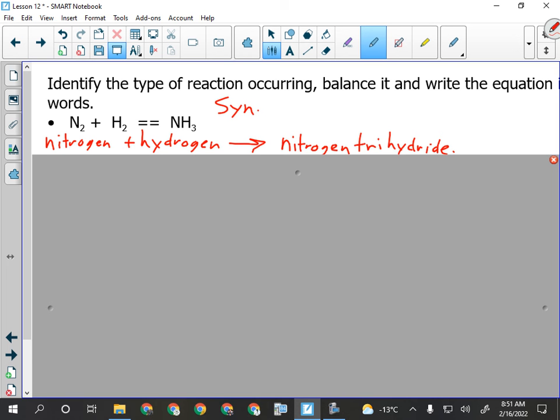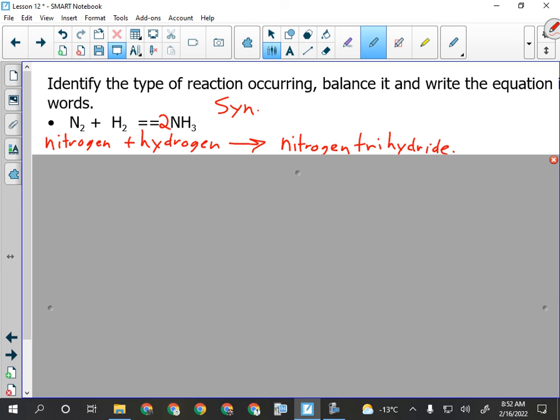All I can do is add big numbers. I can't change the little numbers, but I can put in big numbers. What's the lowest common multiple of 2 and 3? 6. So what would I multiply 3 by to get 6? 2. All right, so I'm going to put a big 2 right here. Now I have 6 hydrogens on this side.